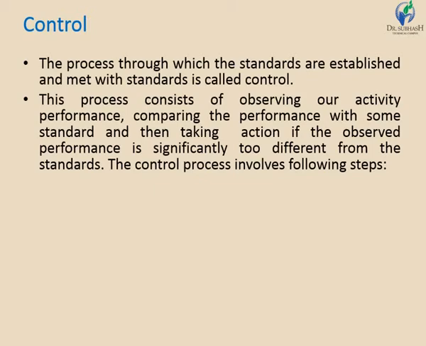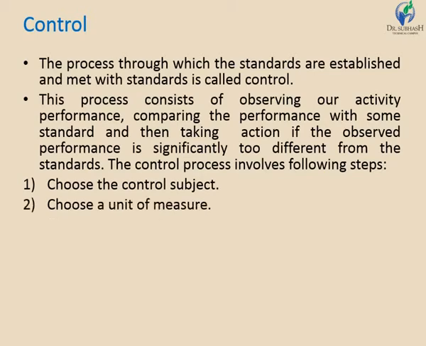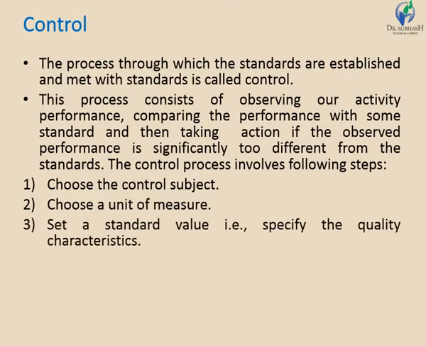The control process involves the following steps. Choose the control subject: what thing you want to control, for that particular item or product. Choose a unit of measure, what you need to measure, for example tolerances or dimensions.